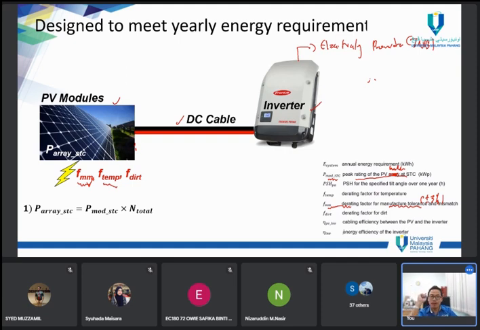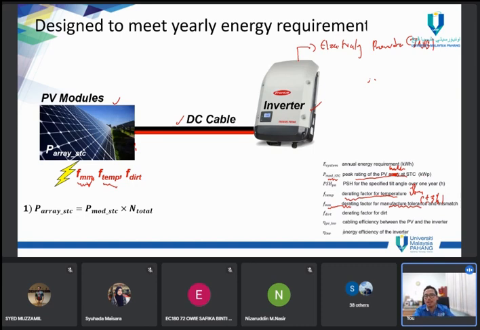We know FTEM comes from the rating factor for temperature: 1 plus gamma PMP multiplied by (T-cell minus T-STC). So FTEM is calculated based on that equation, because of the temperature effect.